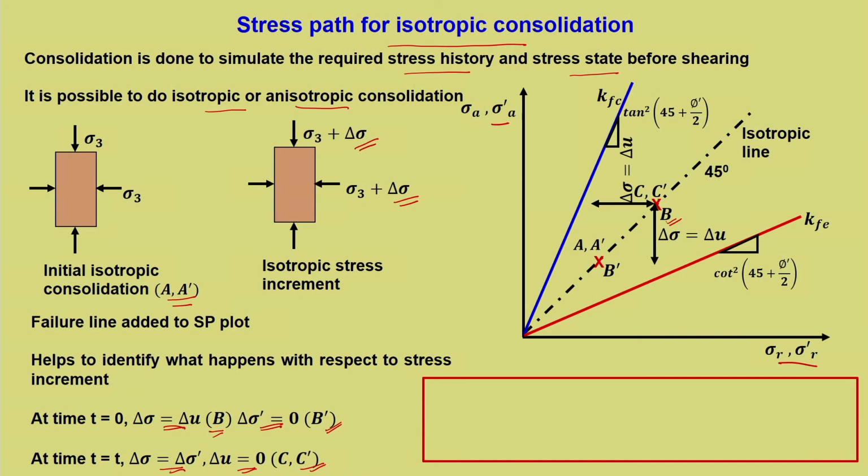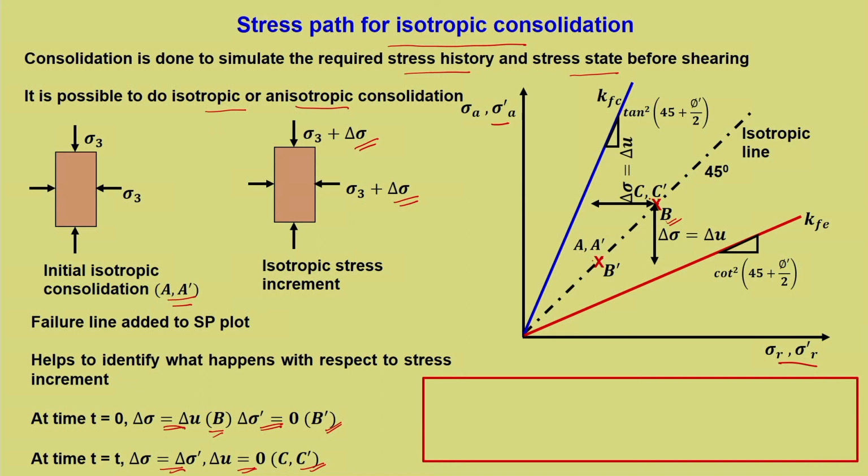If you actually look at the given load increment of delta sigma, there is only a case of A dash and C dash, but we have expanded it and shown both the effective stress path and the total stress path. Now, the total stress path will be A B and the effective stress path will be A dash C dash.